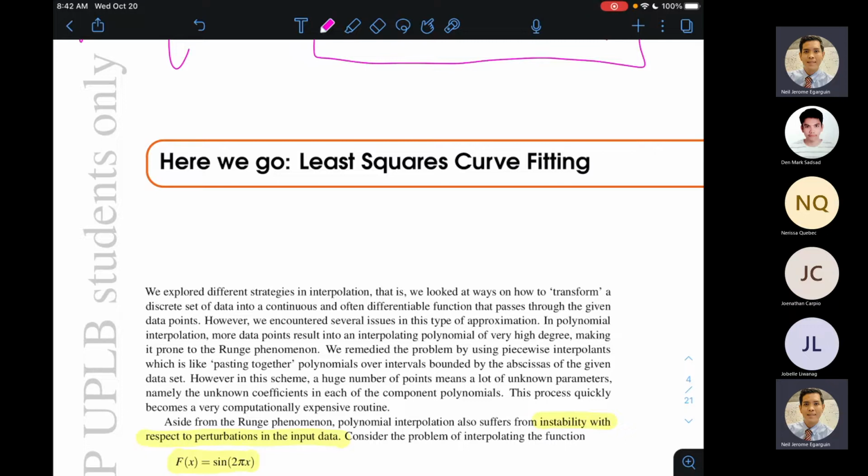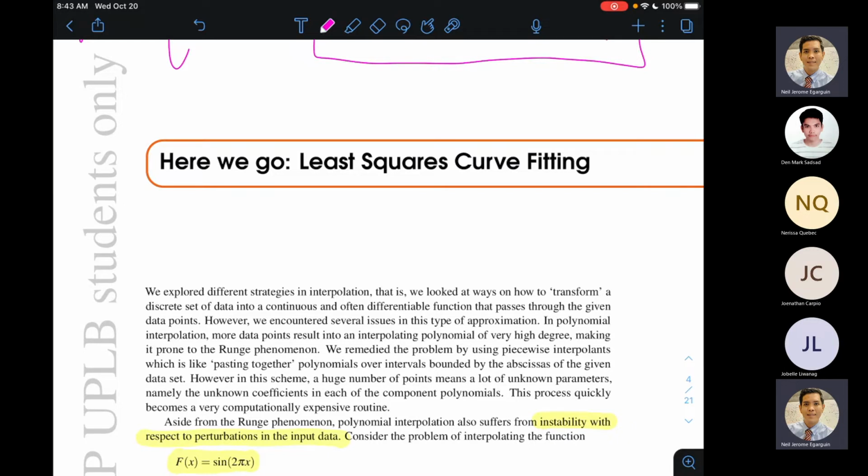We can use the Chebyshev nodes or the Legendre nodes to minimize the L infinity and the L2 norm respectively of the error term. Or kung wala tayong freedom to choose the interpolatory abscissas, tiningnan natin, pwede ko sigurong paramihin yung number of points na ginagamit natin.